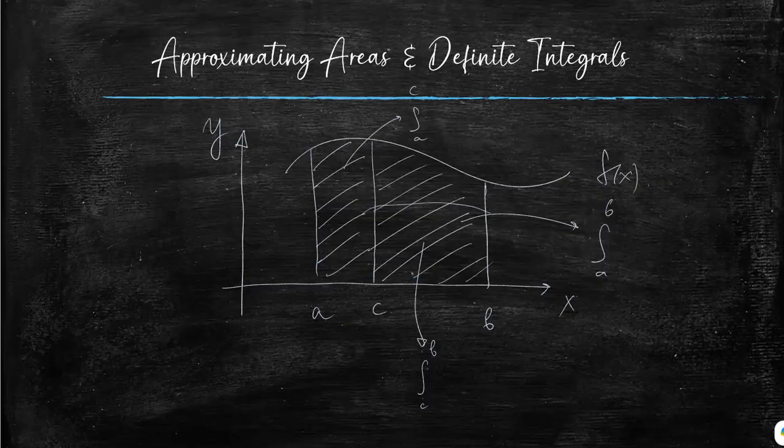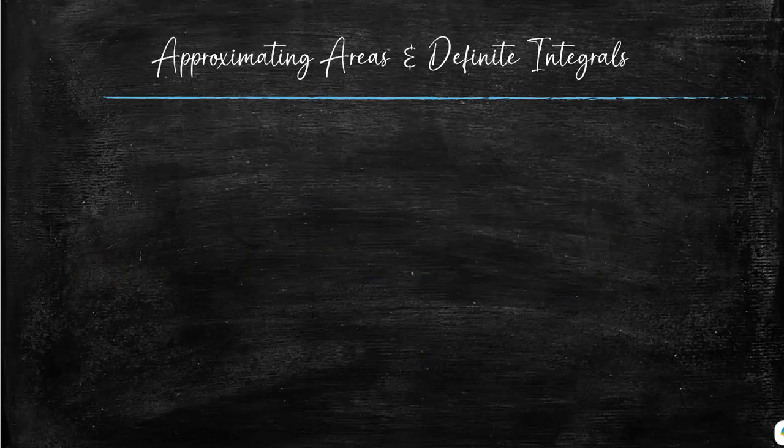Now, everything that we have done so far was done assuming that we're working with a graph of a function that is above the x-axis. In other words, a positive function on the interval from A to B. So what will happen if we attempt to find the integral of a function that is not always above the x-axis and may go above or below?